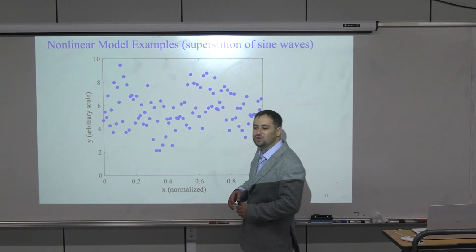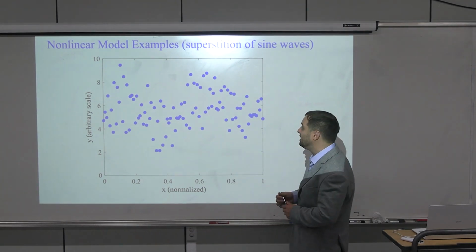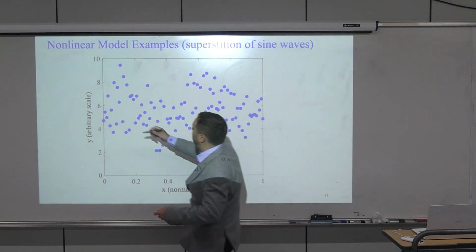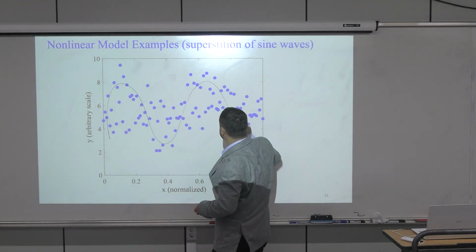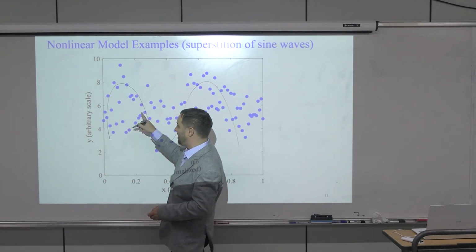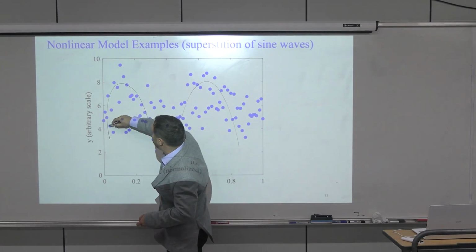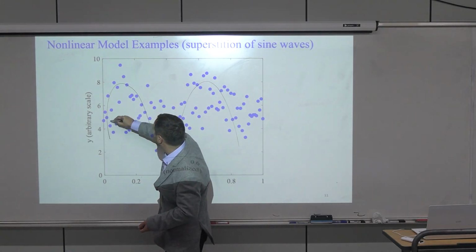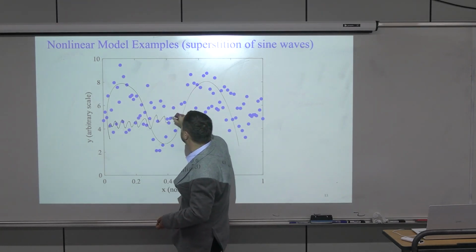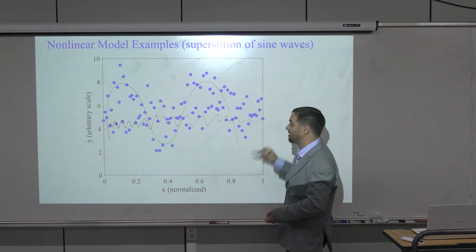This is actually similar to the Fourier series expansions. There's probably some sort of underlying sinusoidal relationship, but there also might be some other, smaller variations at a higher frequency.